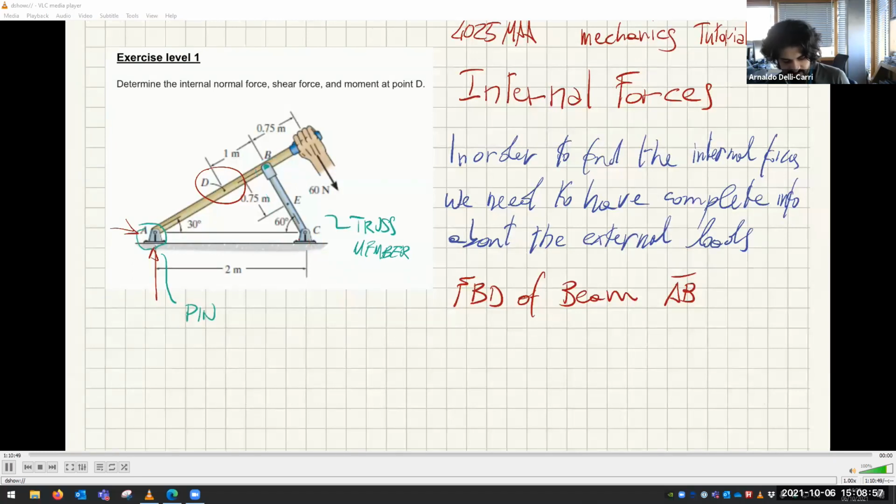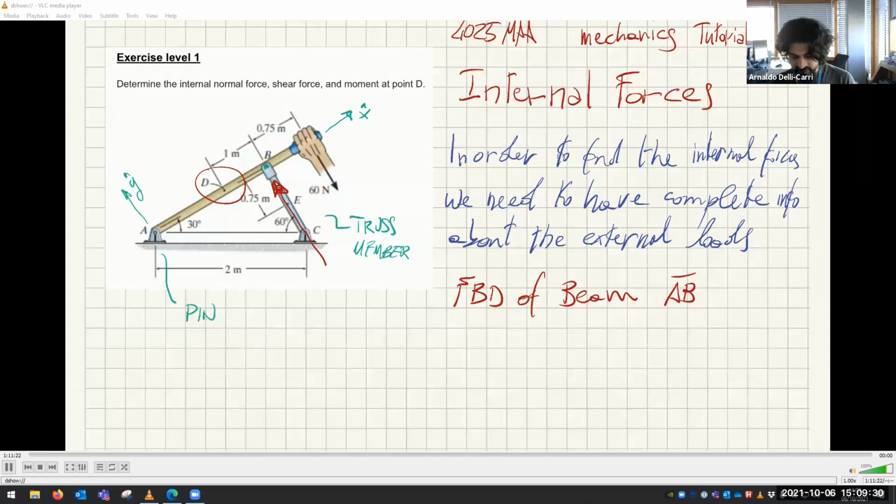Since we know that this force is acting in this direction, and this force is acting in this direction, that means the best use of a reference system is to have it inclined like this, so that this force is along the y-axis, this force is along the y-axis.